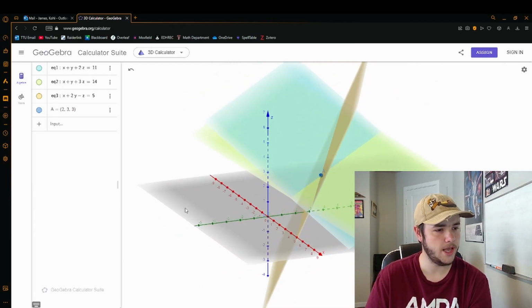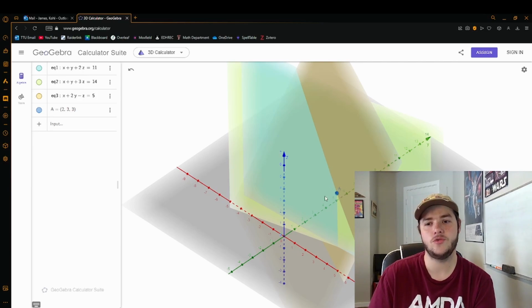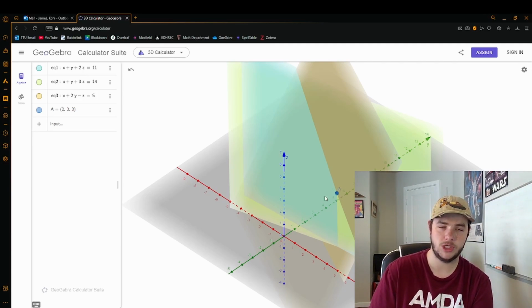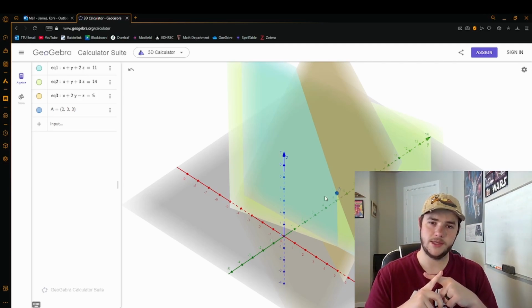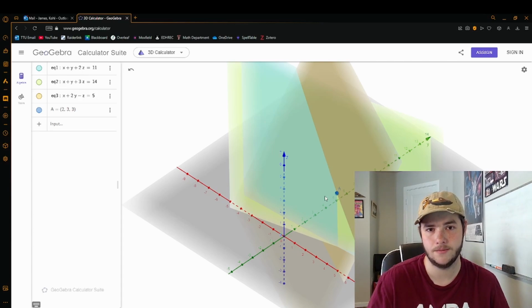And our solution is the point where all 3 of those planes intersect each other. Think back to when we were looking at two equations. We just had those two lines, and where they crossed was the solution. When we have three equations, it's where all three of the equations cross that gives us the solution.